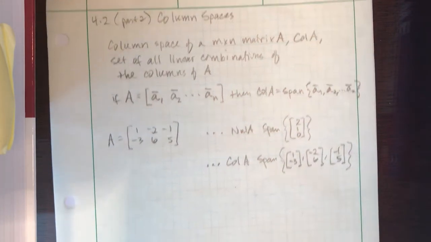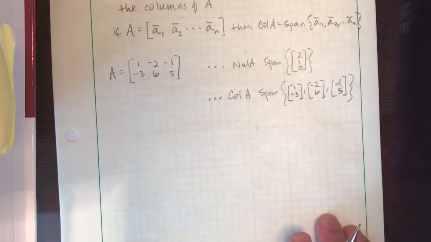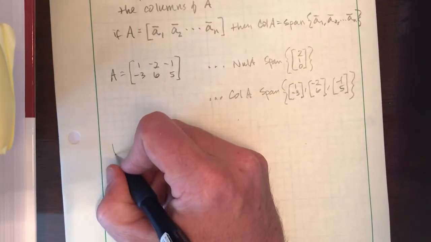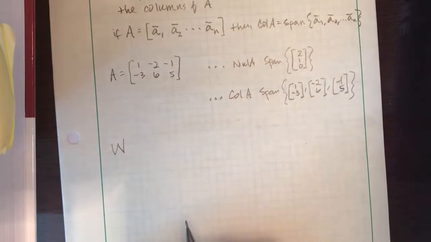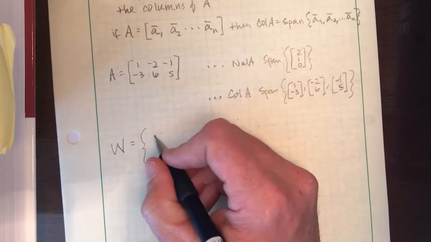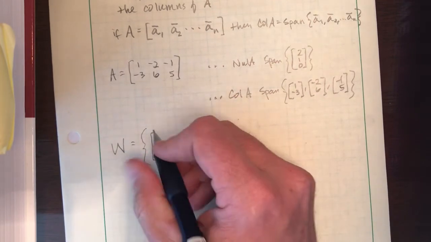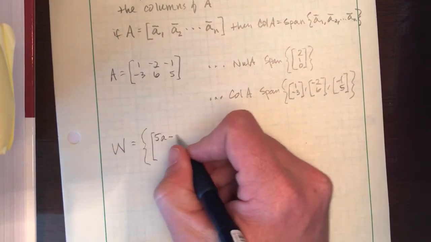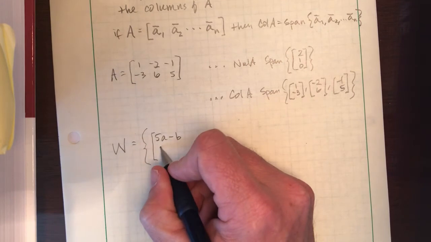Let's take a look at another example. Let's say we've got a set W of vectors of this particular form.